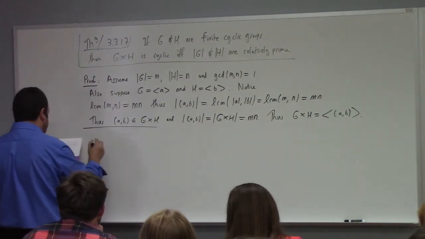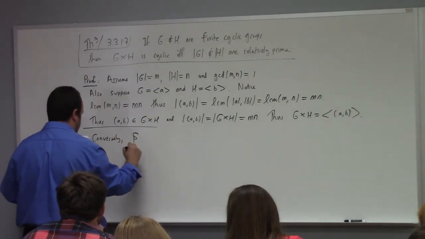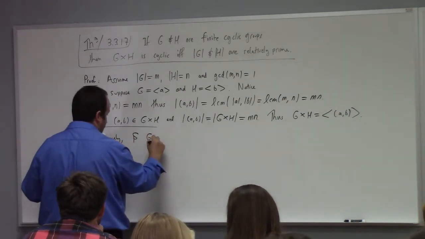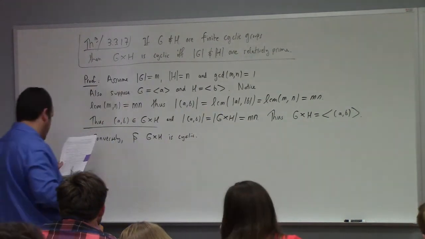Now the other direction. Conversely, suppose G cross H is cyclic. All right?